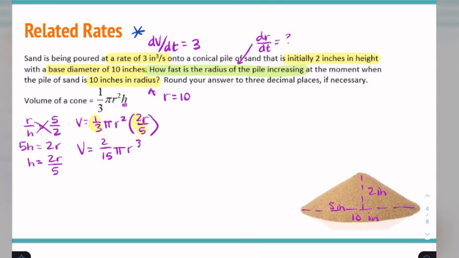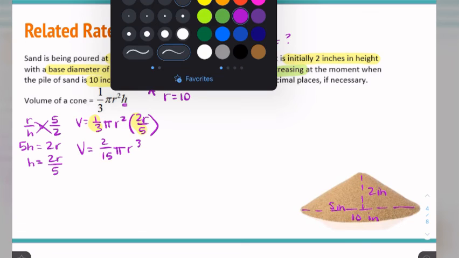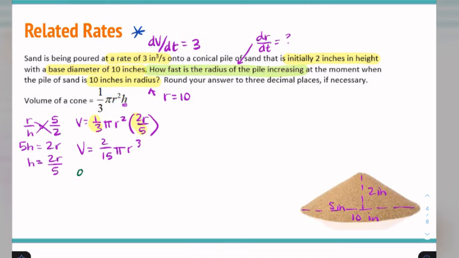Now we can go and take our derivative. So dV dt, when I multiply this over, that's going to give me 6 over 15 pi r squared dr dt.